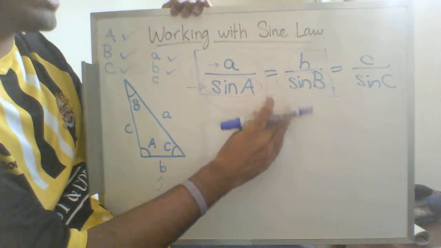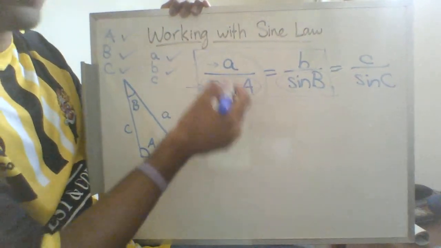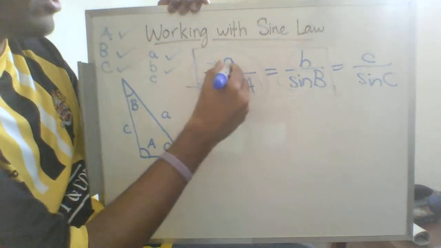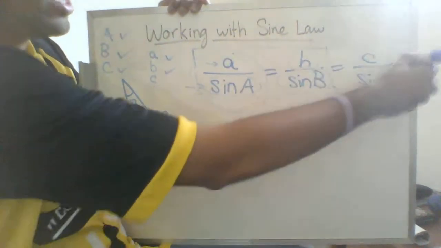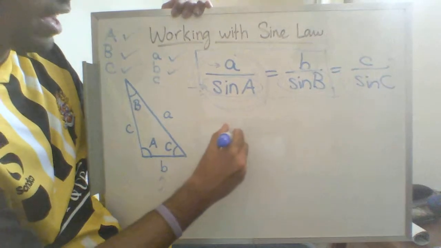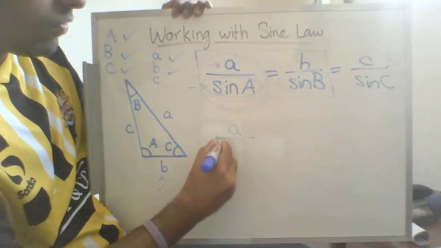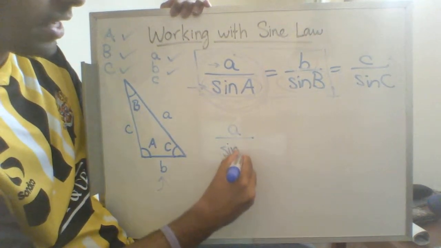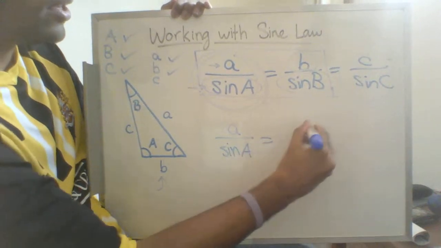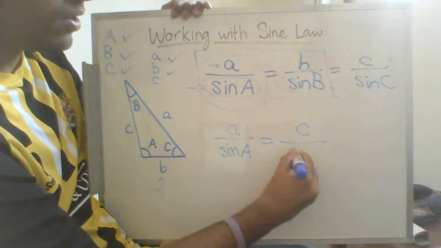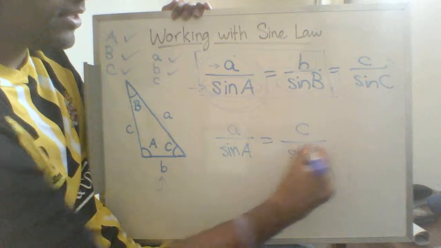So try not to depend on your own answer. Depend on the stuff that was given to you in the question. So we'll use this piece of information, and we need that over there. So we have A over sine A equals C over sine C.